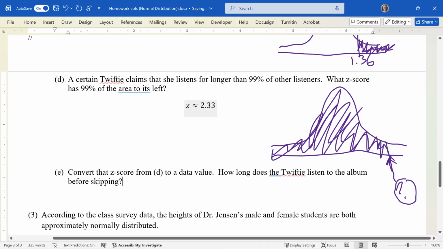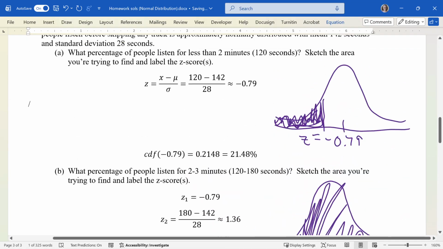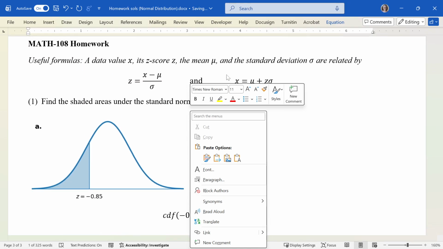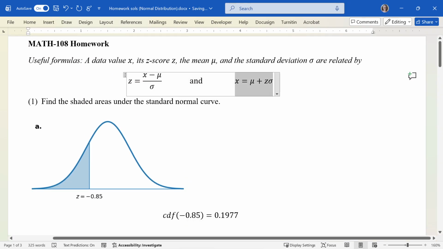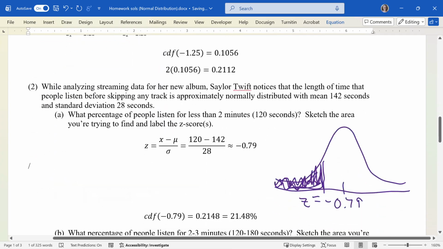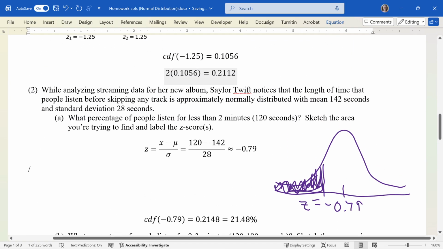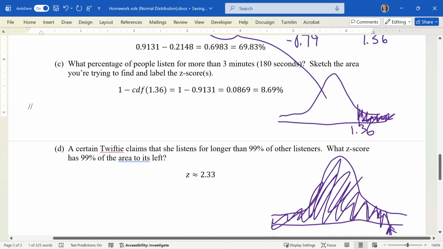So I'm taking this z-score and using my formula to convert it into a data value. You start at the mean and you go up by z standard deviations. I was given the mean and the standard deviation: the mean is 142, standard deviation is 28.